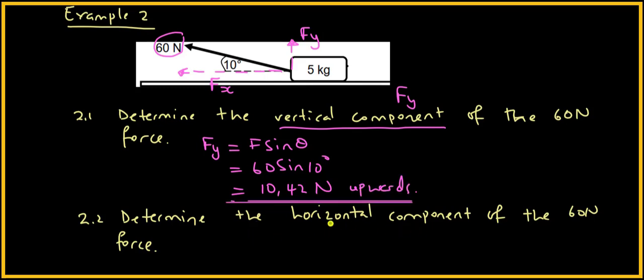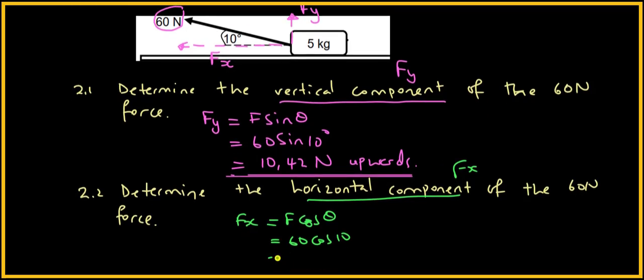Next up, determine the horizontal component of the 60 Newton force. The Fx component is what they want here. So I'll simply say Fx is equal to F cos theta, which is equal to 60 cos 10 degrees.